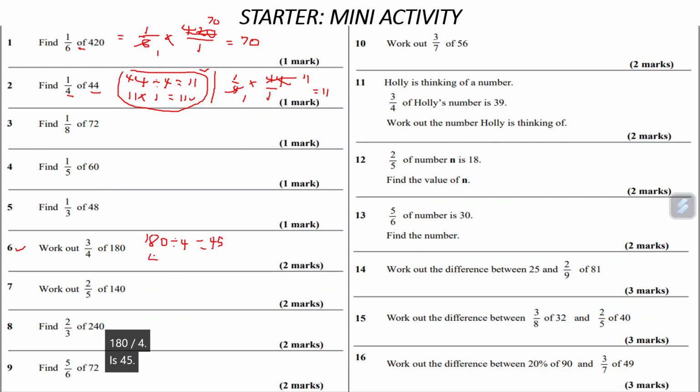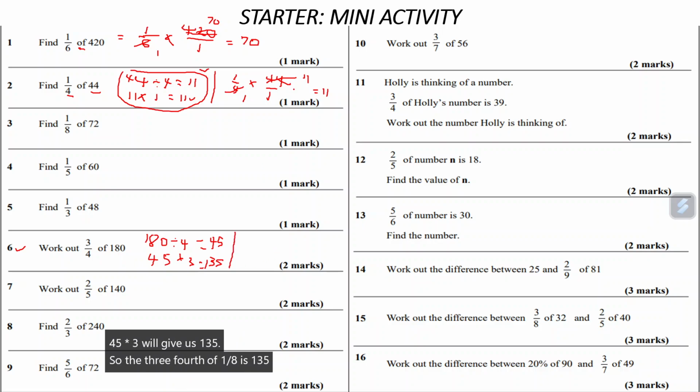Then 45 times 3. 45 times 3 will give us 135. Let me clean it. 45 times 3 will give us 135. So 3/4 of 180 is 135.